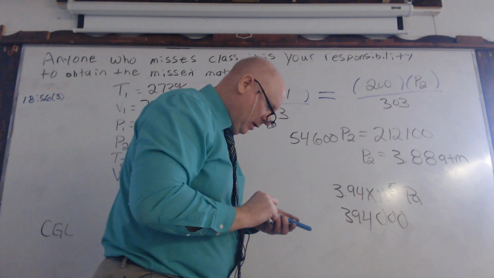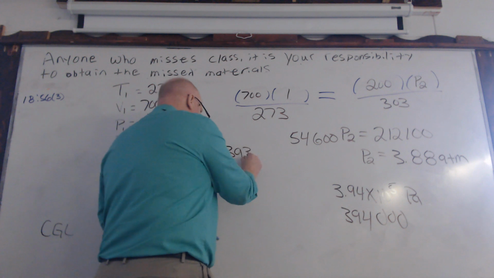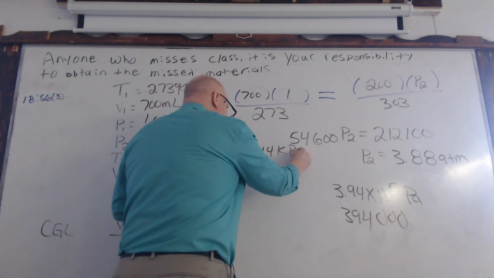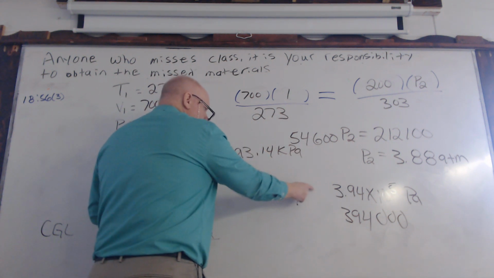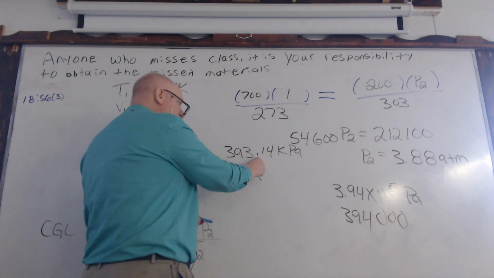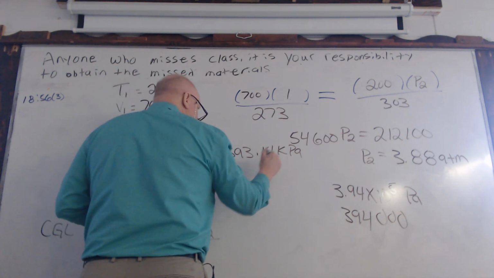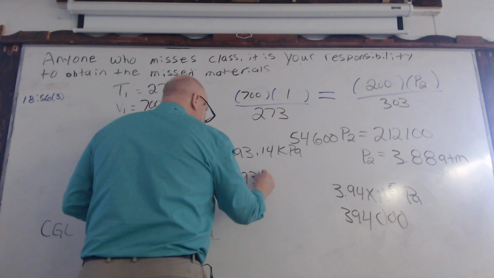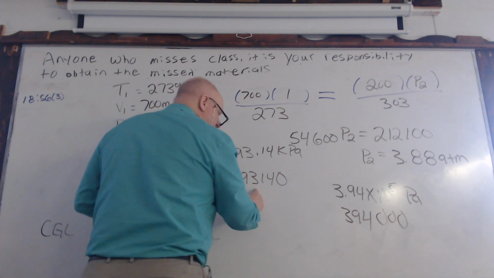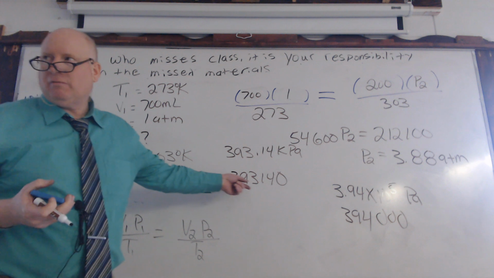And that gives you 393.14 kilopascals. But to get from kilopascals to pascals, you multiply this by what? 1,000. Which means you have to add on another 0. And these are pretty close to one another. What the author has done is put these in significant figures, but this is the answer we're looking for.